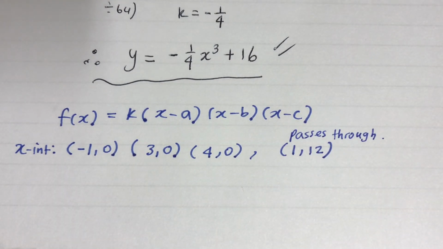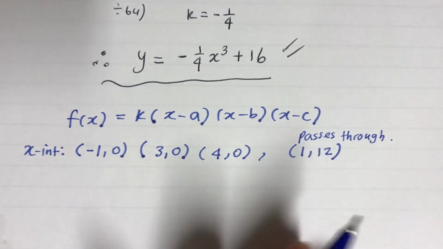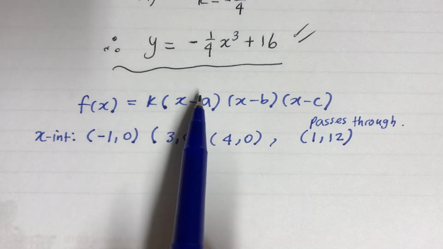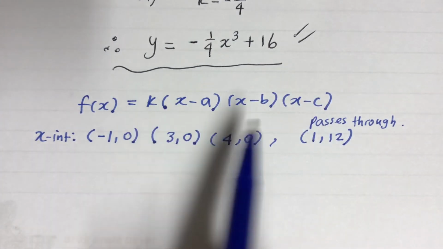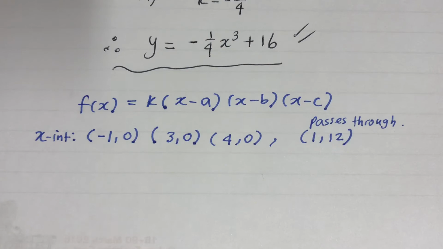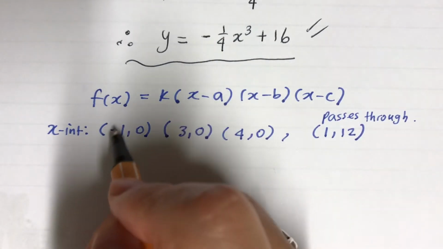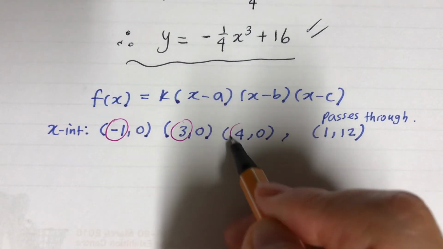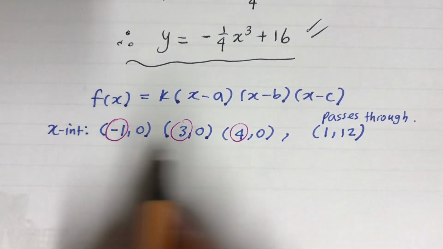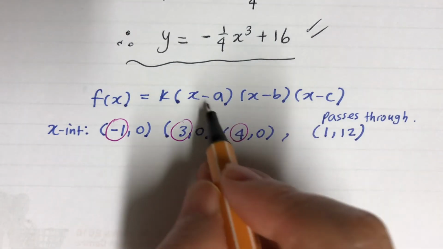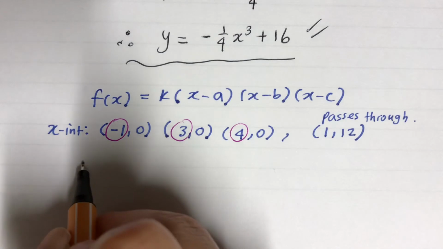So let's have a look. From the x-intercepts, I can actually find a, b, c really straight away, because these are my a, b, c. They are my x-intercepts, where it cuts through. Those are the x roots, all of them.